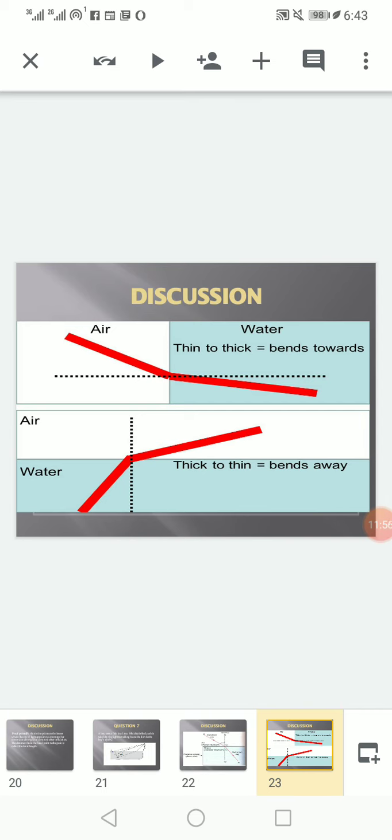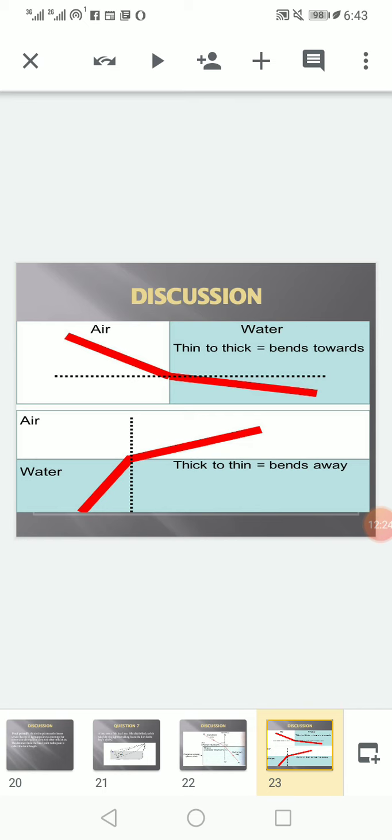Now when light is traveling from air to water, and when light is traveling from water to air, different things happen. So when light is traveling from air to water, the angle of the refracted ray always bends towards the normal. But when it is the opposite, it bends away from the normal.